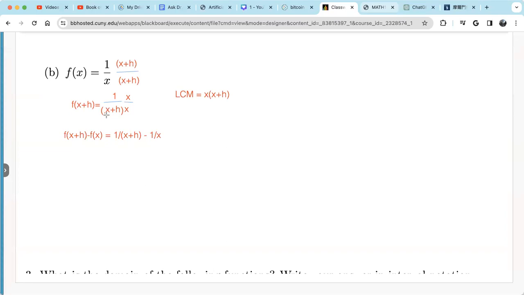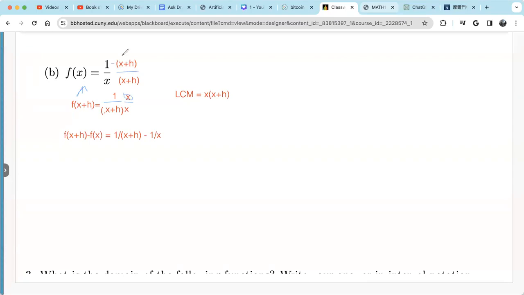So once we have that, let's subtract. We see the numerator, we have x. We're subtracting from this to this, right? So we basically have this x, subtracting x plus h.